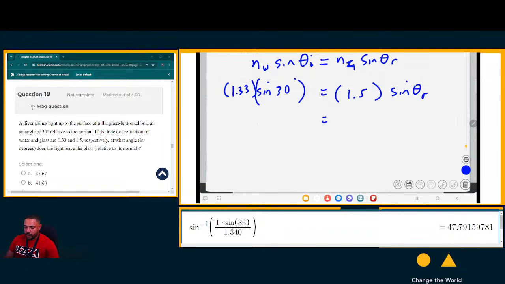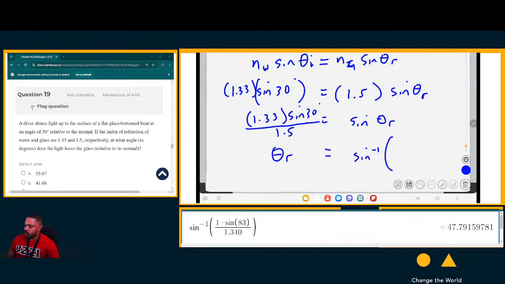So sine theta r should equal 1.33 times the sine of 30, divided by 1.5, and theta r should be equal to the inverse sine of 1.33 divided by 1.5 multiplied by the sine of 30 degrees.